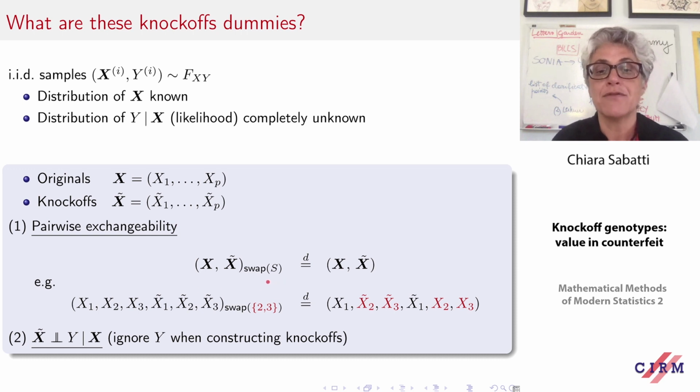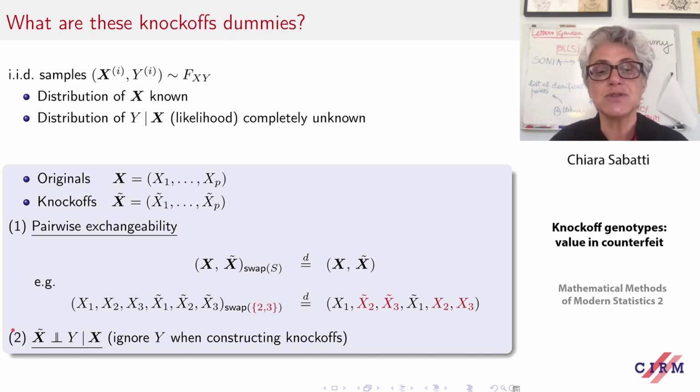For any set of variables, if you swap the original with the dummies, you get a vector that has the same distribution. So in this case, I'm swapping variable 2 and variable 3. If I change the original variables 2 and 3 with their knockoff dummies and place the originals in the place of the knockoffs, I get the same distribution.